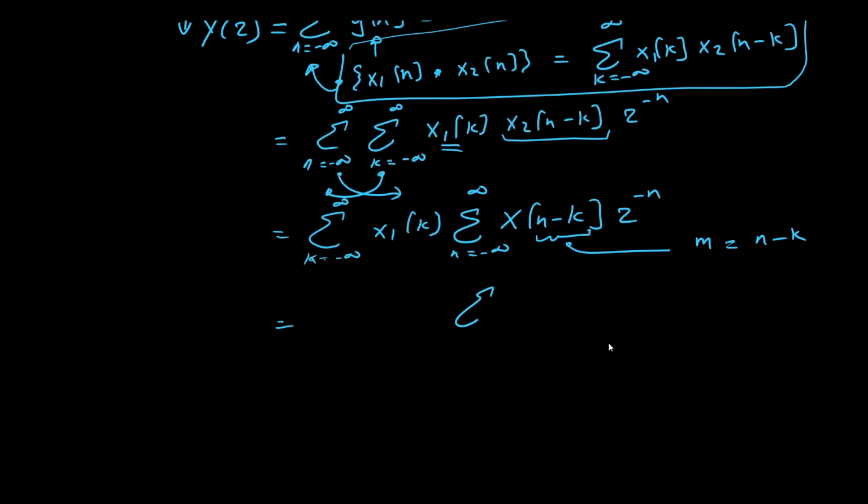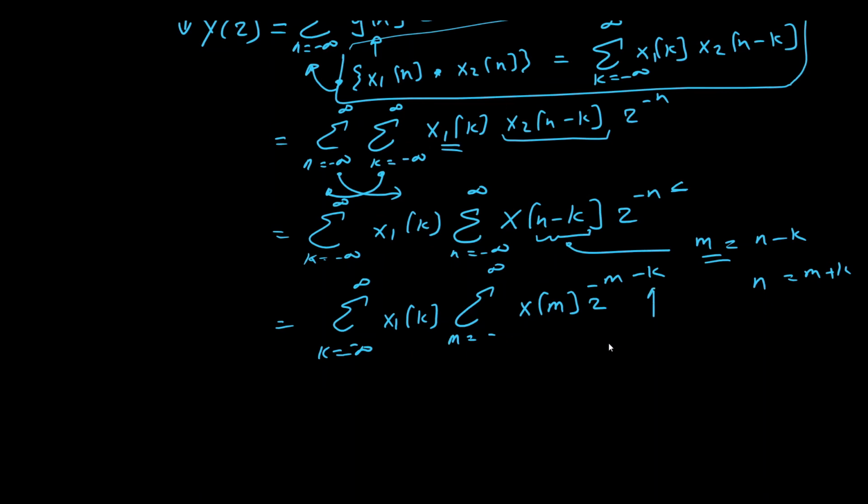Yes, we would have x of m. Also this n would change to m plus k, so we would have minus m and minus k. So this is the summation with respect to m, minus infinity to infinity, and over here we have x1 of k.